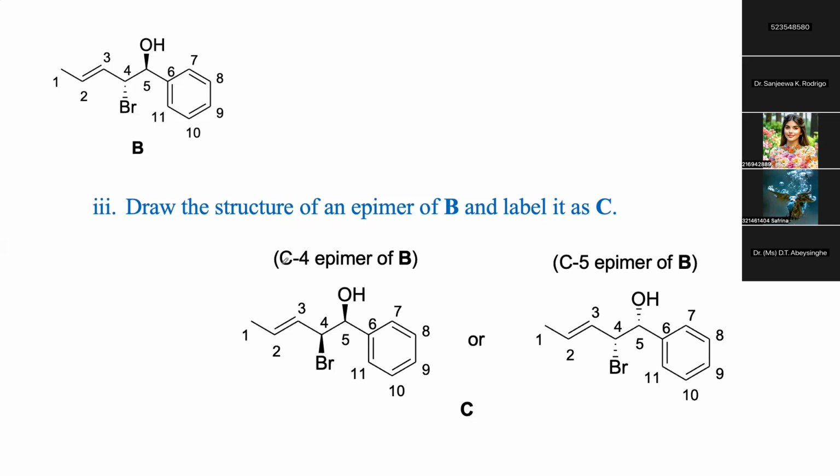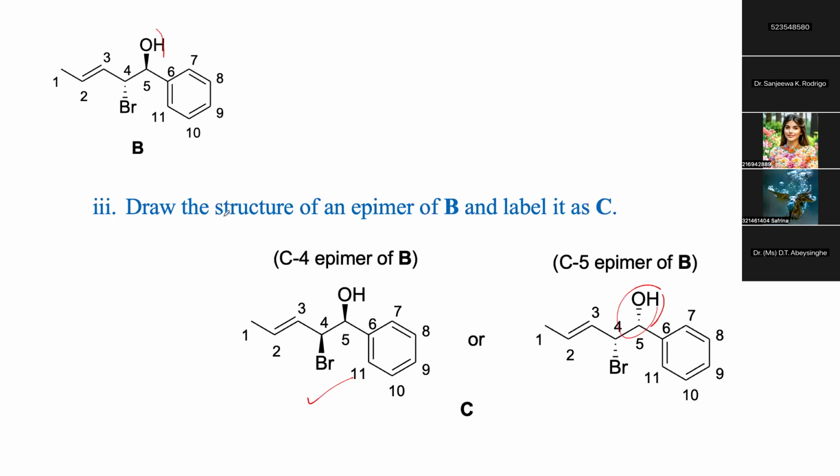So this one is the C4 epimer, where you change only the C4 stereocenter, like you invert the bromine and you get the C4 epimer of B. Or you can keep C4 intact, change C5, and invert the hydroxyl group. So this was coming towards you, now it's going away from you, and so you change the stereochemistry.